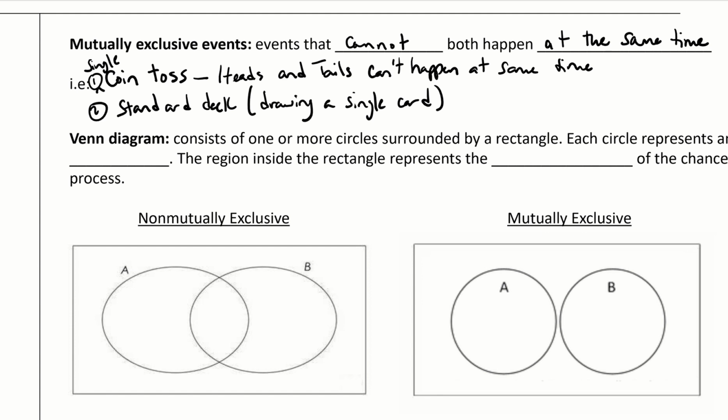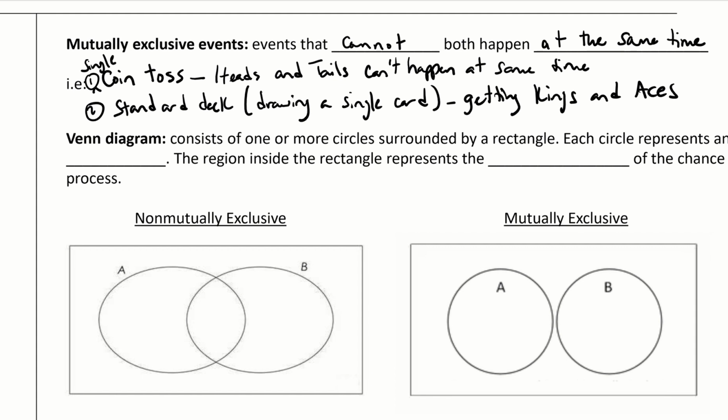That can't happen at the same time. Getting kings and getting aces cannot happen if you're drawing a single card, right? So I'm going to say getting kings and aces. Okay. All right. So that's what it means to be mutually exclusive. There's no overlap. Cannot happen at the same time.